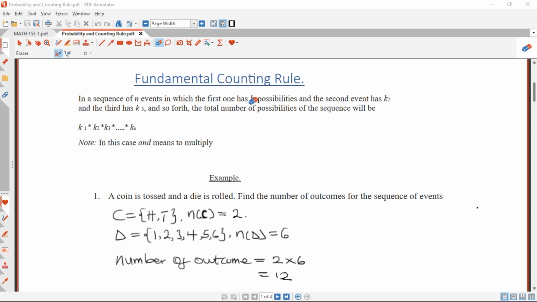If you have something of this sort, all you need to do is multiply the possibilities in order to get the number of possibilities of the sequence.